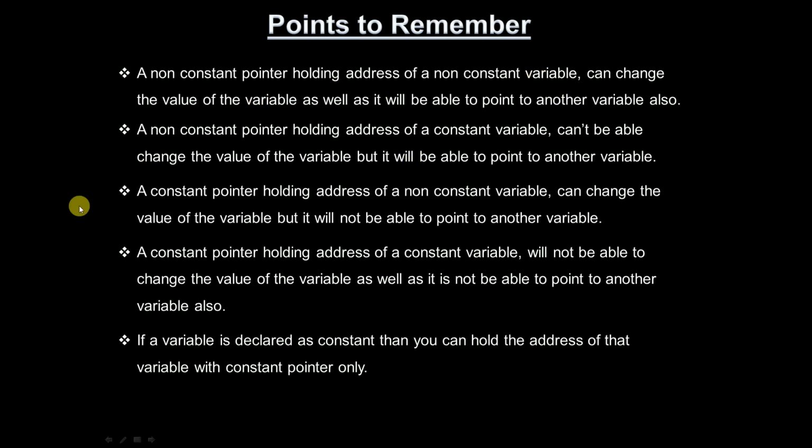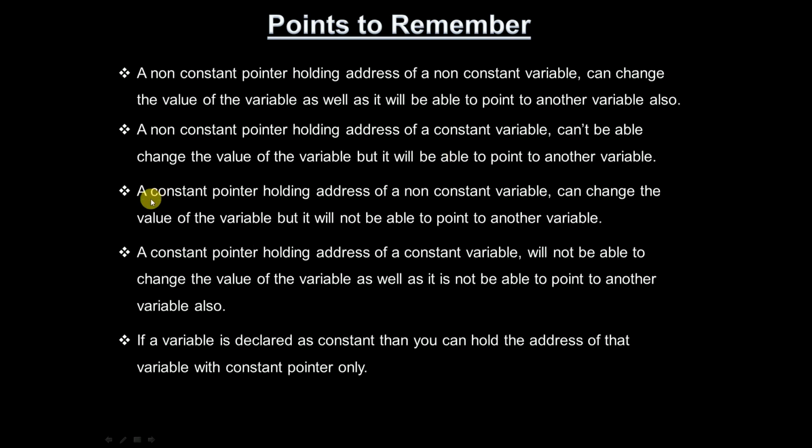In the second scenario, a non-constant pointer holding the address of a constant variable, you cannot change the value of the variable, but it will be able to point to another variable. In this case *ptr = 20 is invalid, but ptr = address of variable 2 is valid.